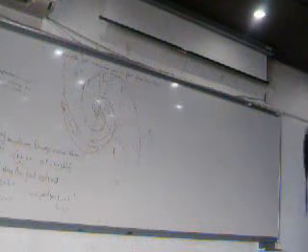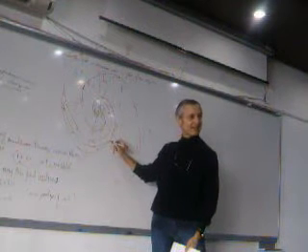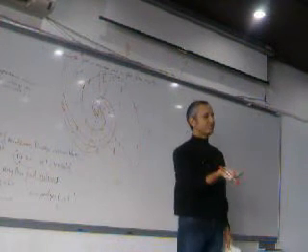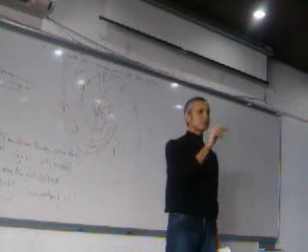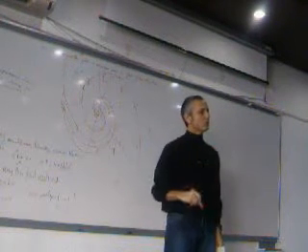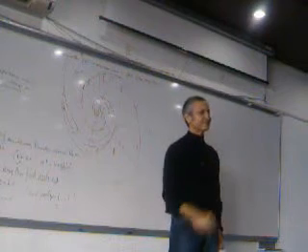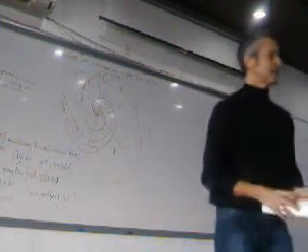Because if you start on that point, you don't know which way you will go. Will you go this way? Will you go this way? It's undefined. So that's why the uniqueness theorem says trajectories cannot cross.